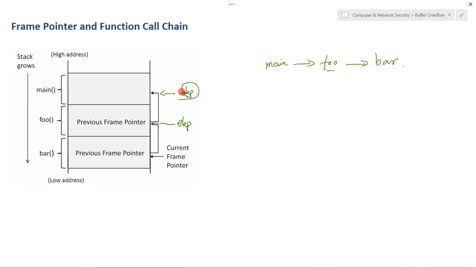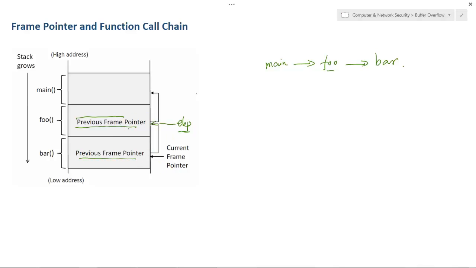If you change the EBP and move it to point to your new frame, you need to remember the previous frame. That's what this previous frame pointer is for. You store that one, so it remembers the previous one. And same thing, when you move the EBP to here, this one remembers the previous one.